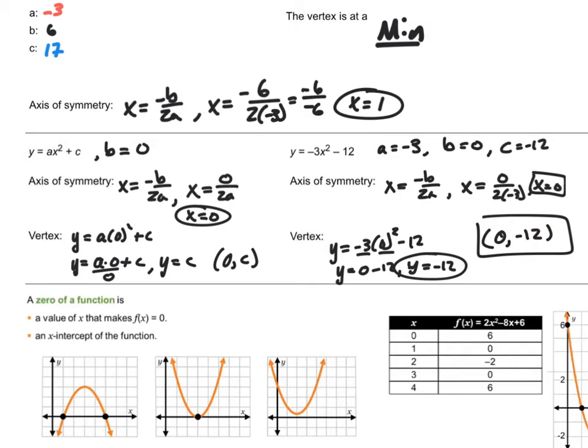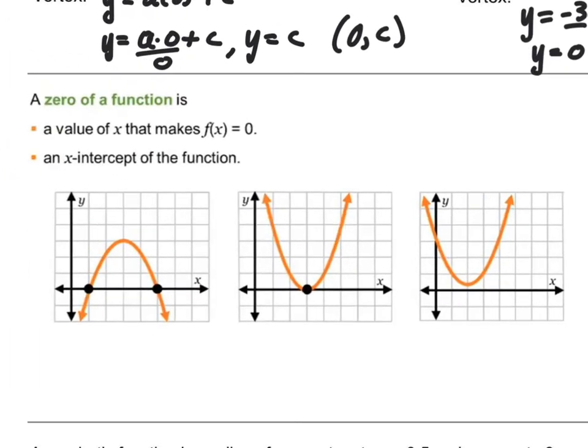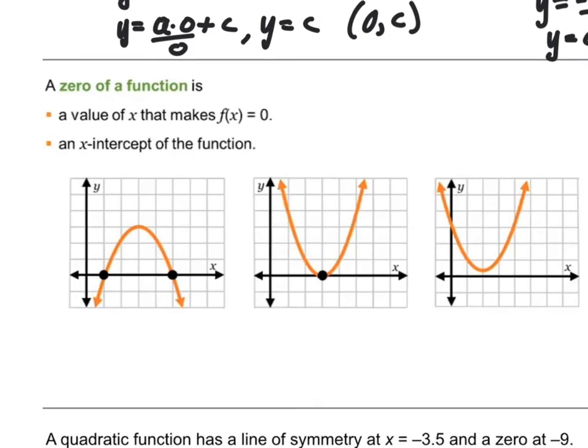Okay. All right, next thing we need to talk about is the zero of a function. This is very important, especially when you get to calculus, talking about zeros of functions. Okay, and so the first thing we have is a zero is a value of x that makes f of x equal to 0.